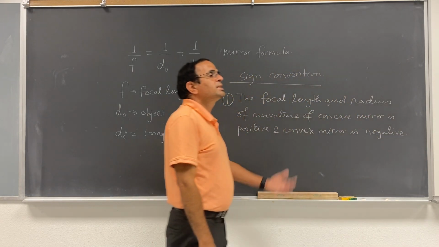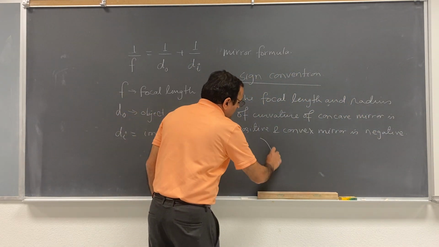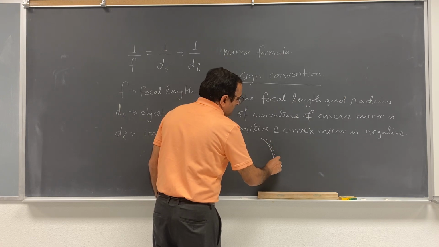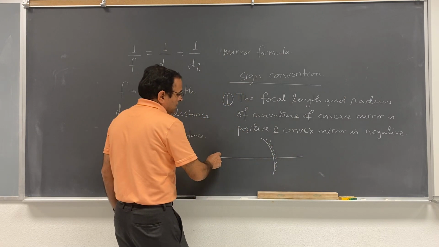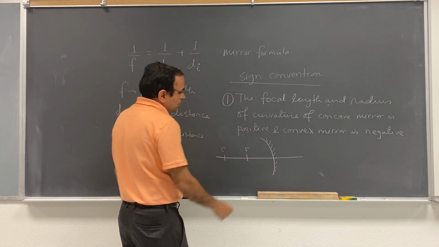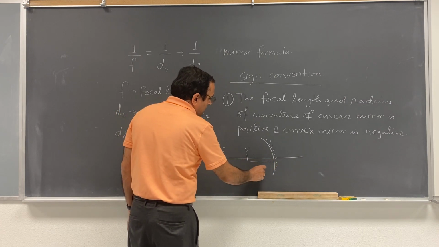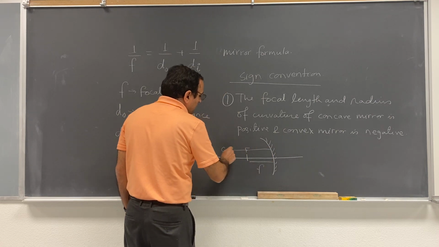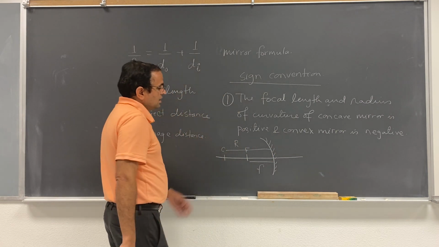Or simply you can say that, like, this is your concave mirror, and let's say this is the focal point, here you have a center of curvature. Now look, this is the focal length, little f, and this is your radius of curvature r.